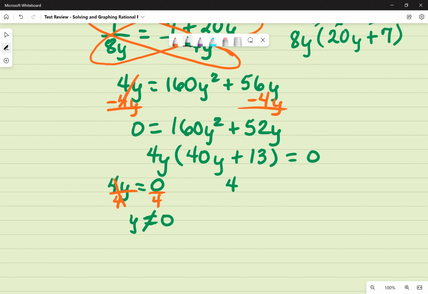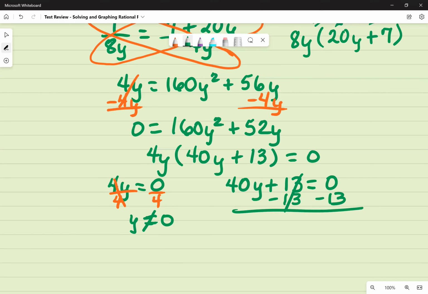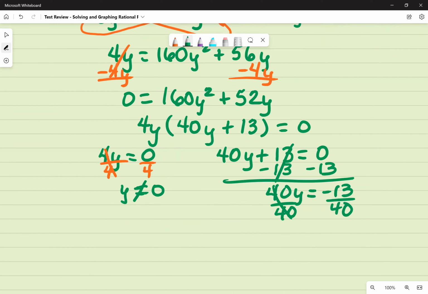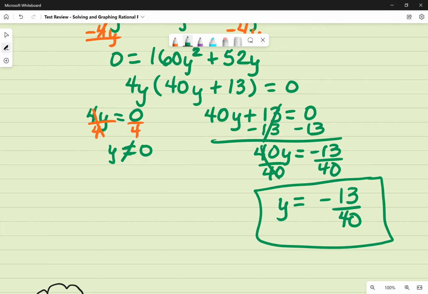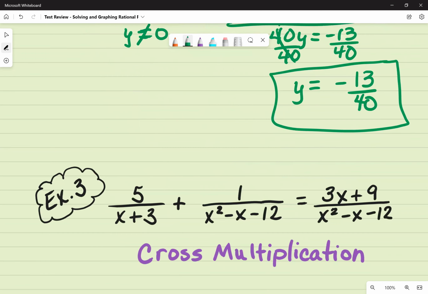Now, if we go to our other factor, 40y plus 13, and set that equal to 0, you subtract 13 on both sides, and you end up with 40y equal to negative 13. You divide both sides by 40, and therefore y is going to equal negative 13 over 40. And since it's not 0, we can keep this answer. So that's the answer for number 2 using the butterfly method.